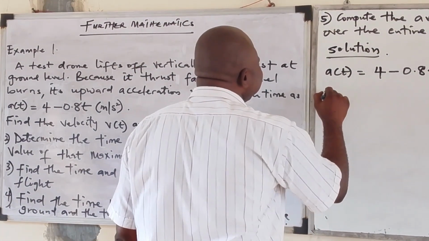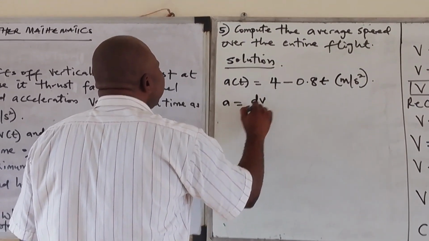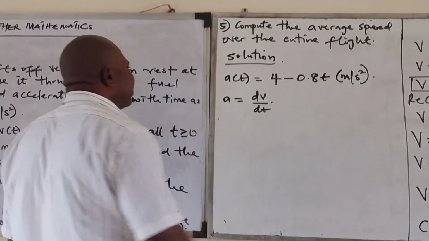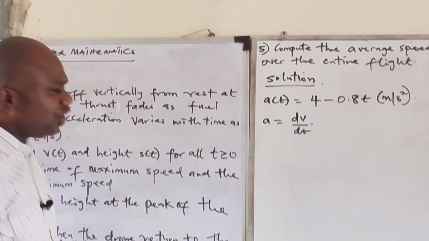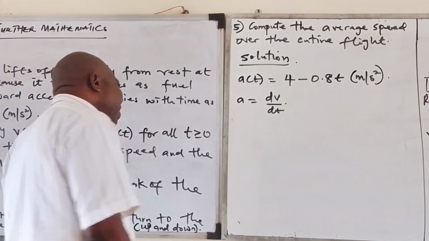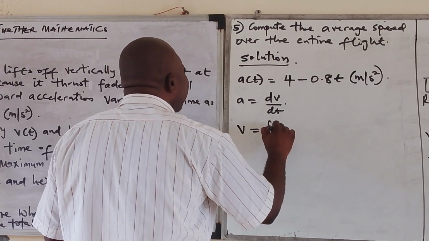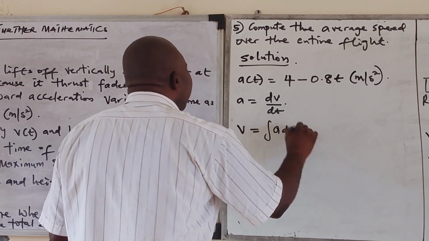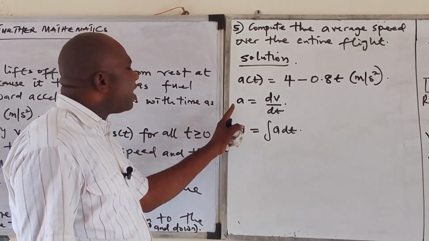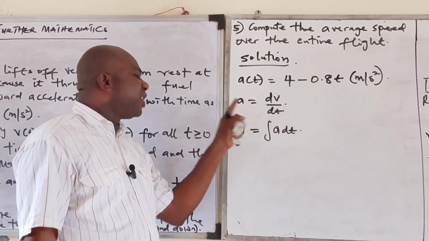Now remember we said acceleration is change in velocity over change in time. It therefore means that here the velocity will be the integral of a dt. When you integrate acceleration, it gives you velocity, because when you differentiate velocity, it gives acceleration.